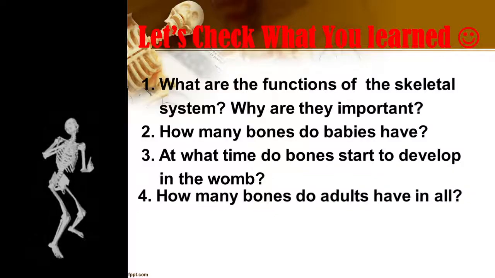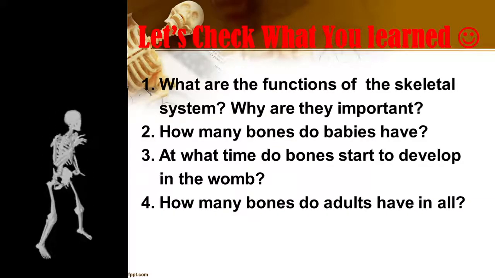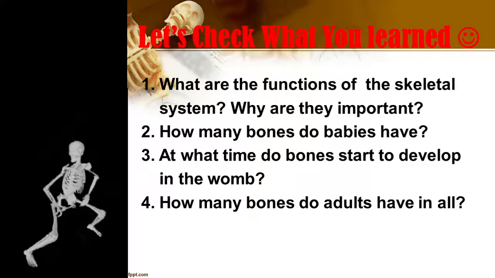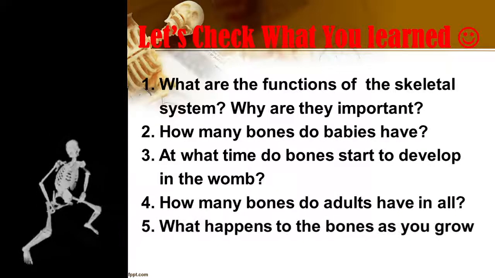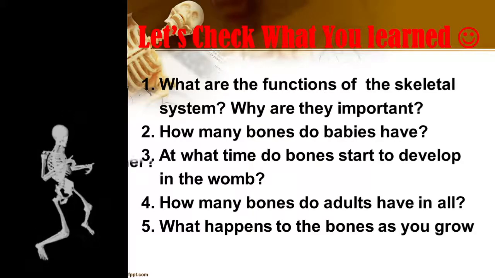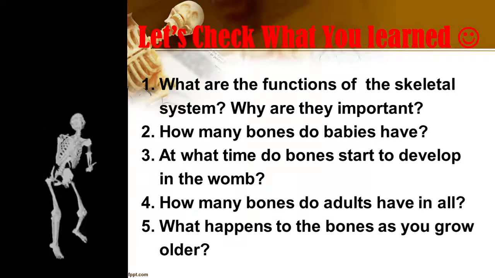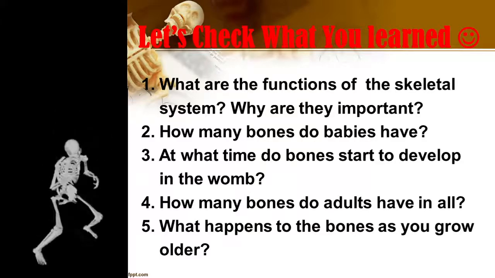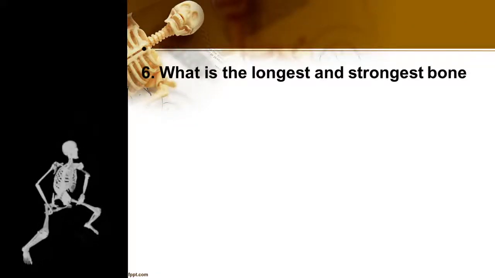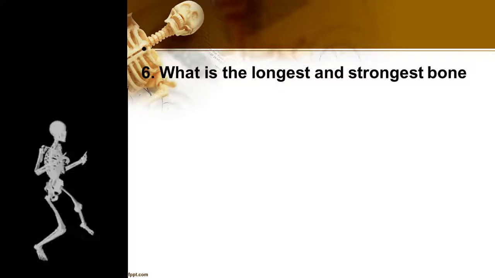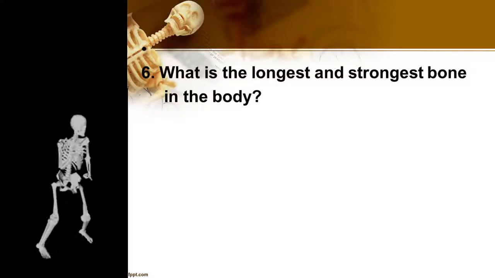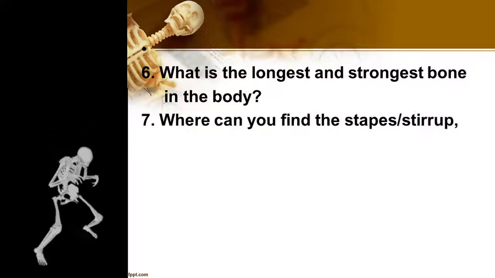Number 4. How many bones do adults have in all? Next, number 5. What happens to the bones as you grow older? Number 6. What is the longest and strongest bone in the body? Number 7.